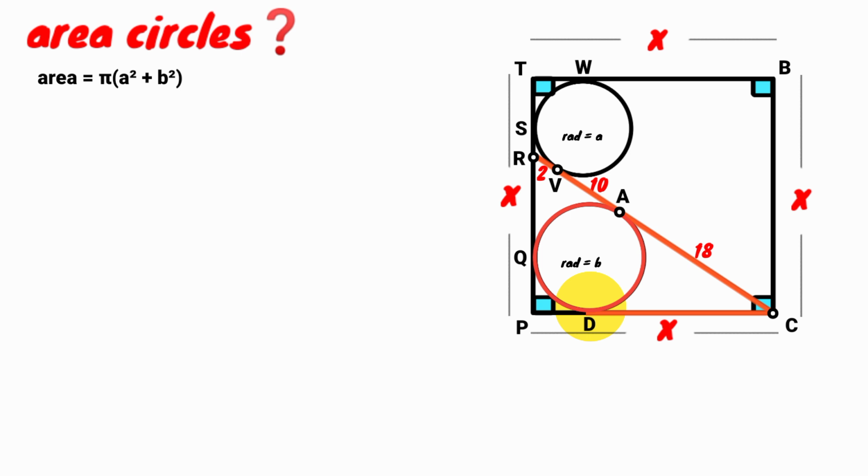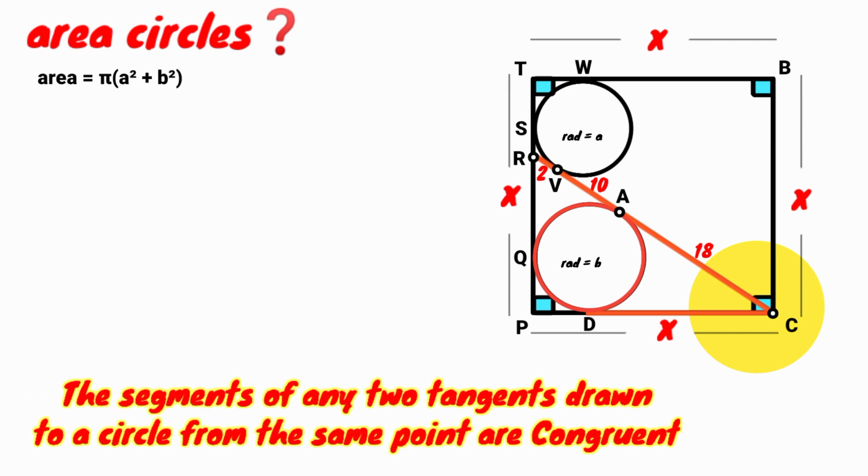We can say they were drawn to the circle from the same external point. And from the circle theory, there is a rule that when two tangents are drawn to a circle from the same external point, their segments are equal. That is, this segment AC and this DC are congruent. So since this is 18, this must also be 18.